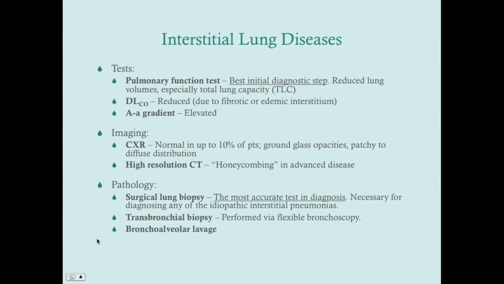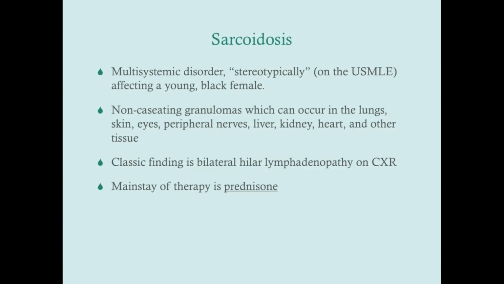Okay, so sarcoidosis is a multisystemic disorder. Stereotypically, but of course not always in real life, but you know how the USMLE likes to use stereotypes, it affects a black female in her 20s, 30s, or 40s, but it can affect anybody. Sarcoidosis is idiopathic. It results in non-caseating granulomas, which can occur in really any tissue, but it tends to occur in the lung, the skin, and the eyes most often.